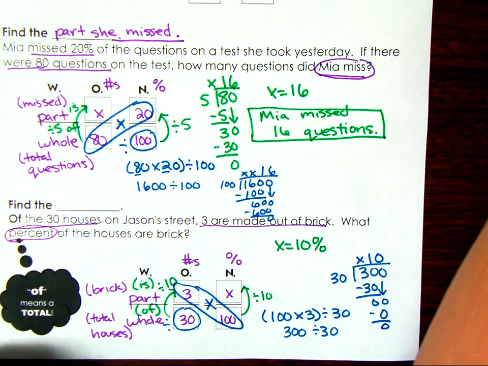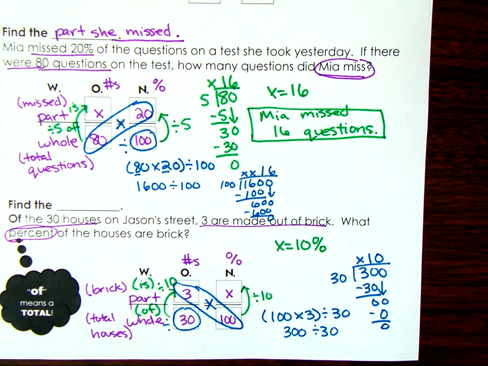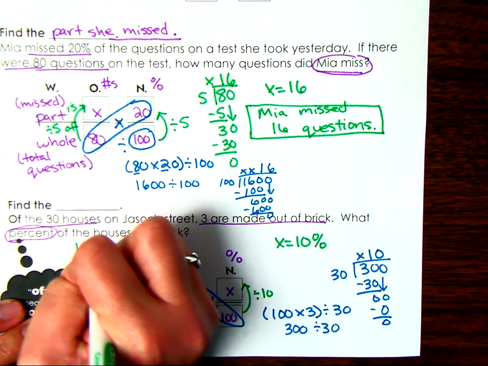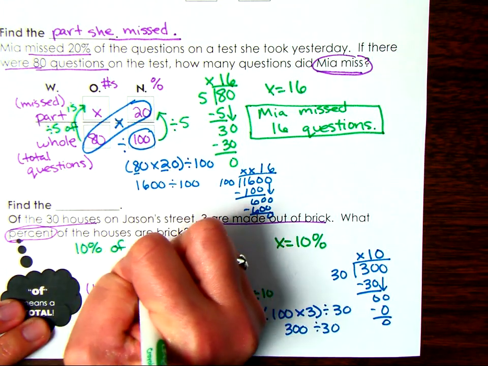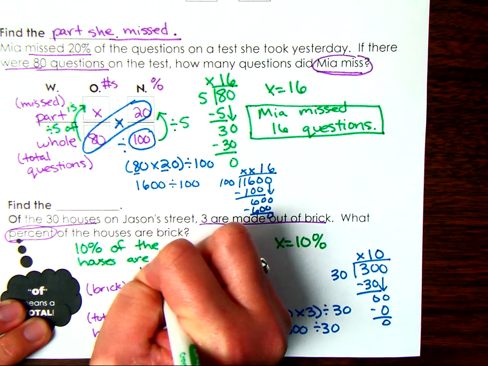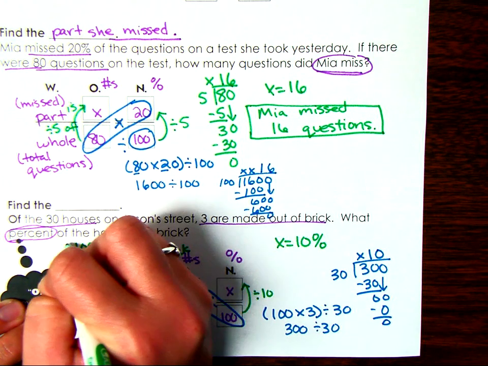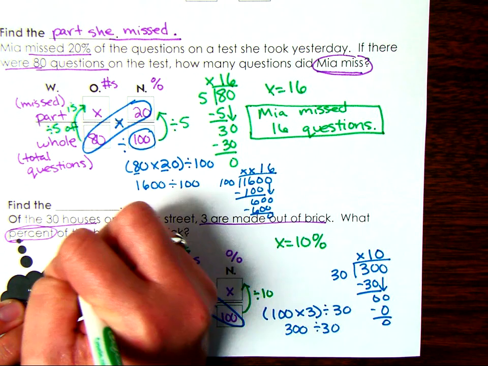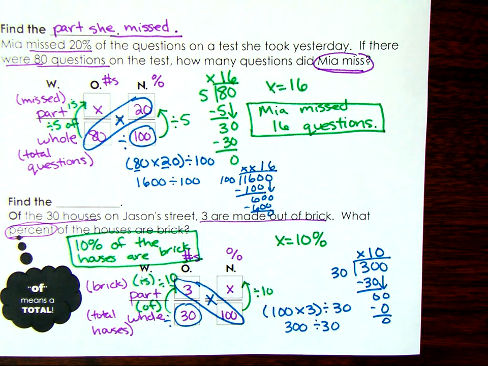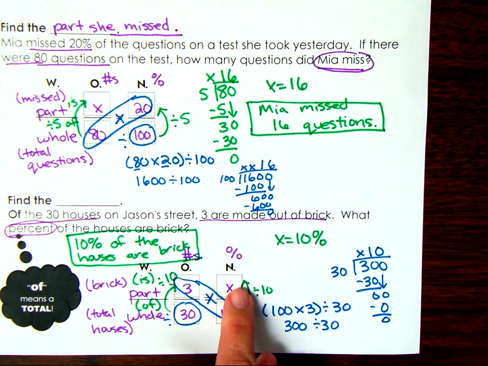Okay? So what percent of the houses are brick? We would say 10% of the houses are brick. So you can't just write the number 10 on here, because if you write just the number 10, you're saying that that was 10 houses, but it wasn't 10 houses, it was actually 3 houses. It's 10%.